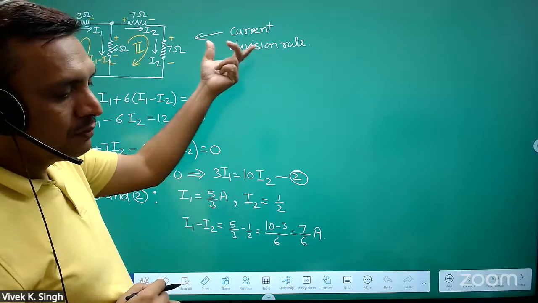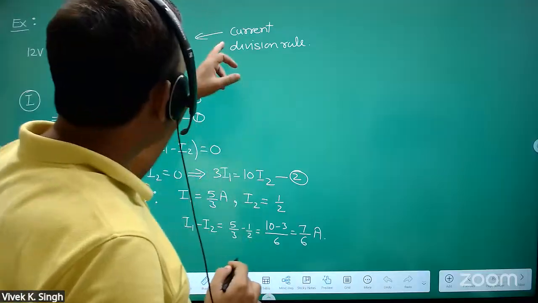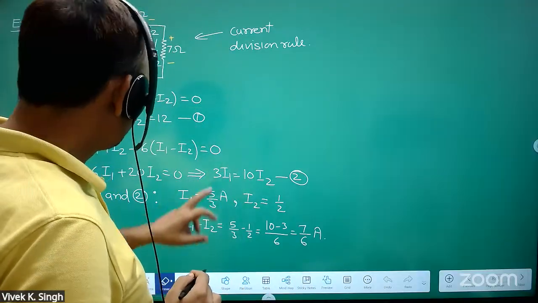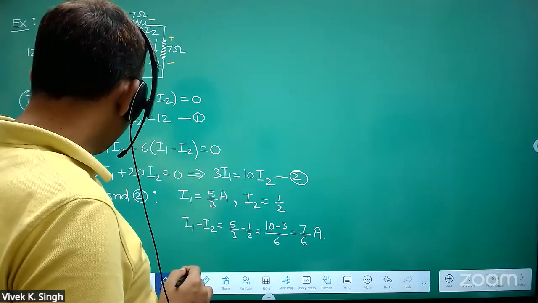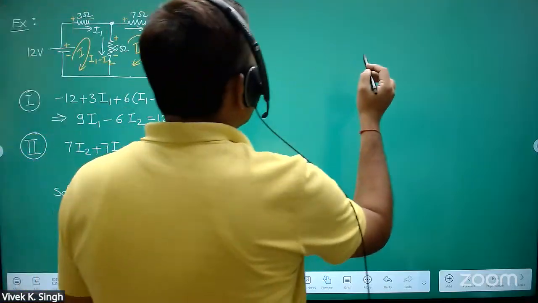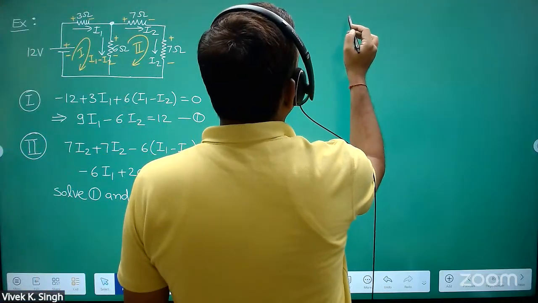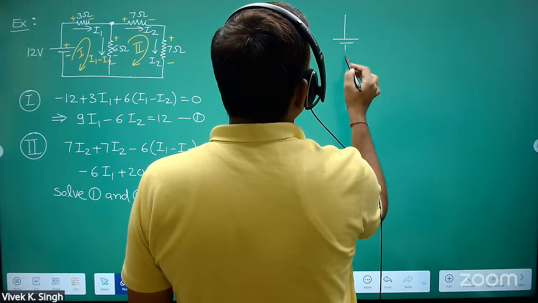Now you can solve the same question using current division. So let's see how to apply current division here. Now we have to use current division. Let us draw the circuit again. Same question I will solve using current division.